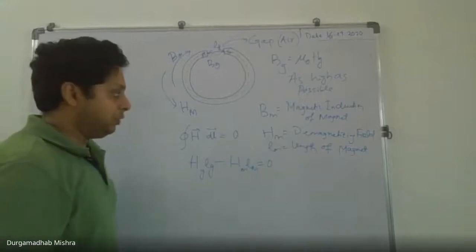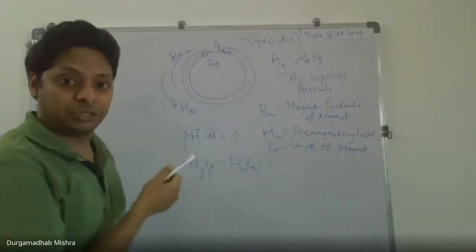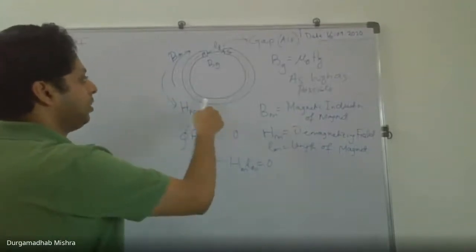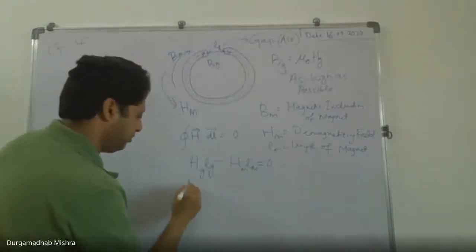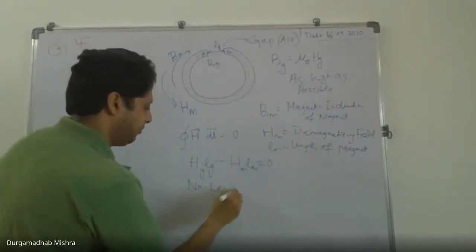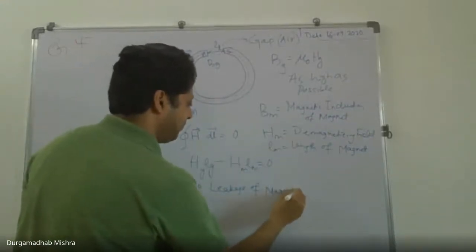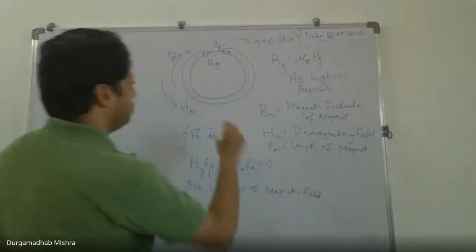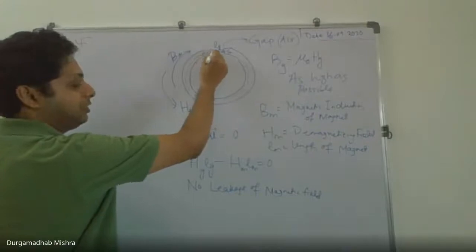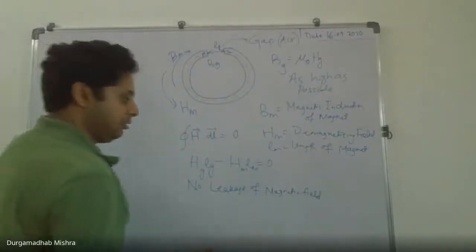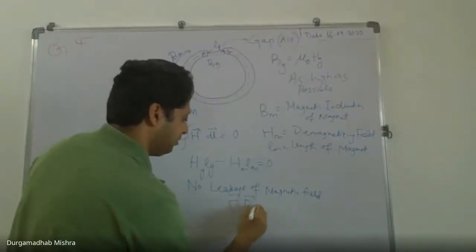Now we can also consider the magnetic induction. This always has to be a continuous field, and we assume that there is no leakage of magnetic field. Whatever B field is inside, the same exists in the gap, which means del dot B is 0.